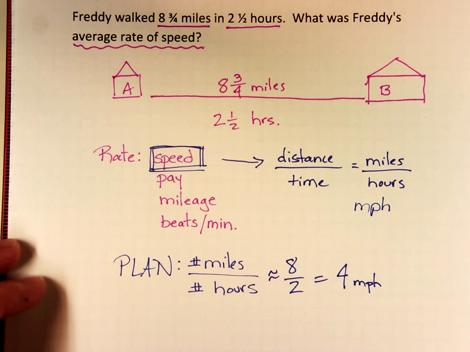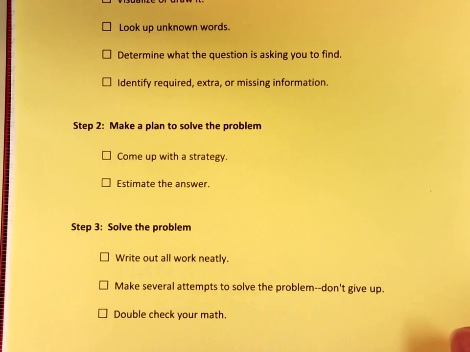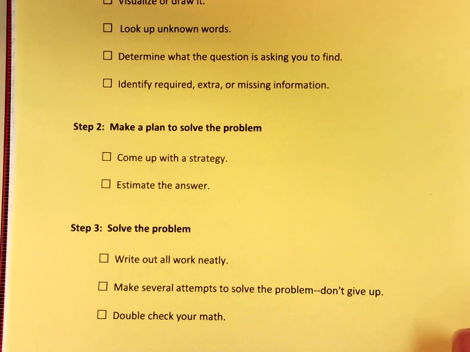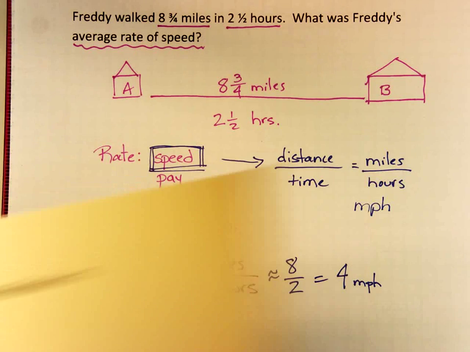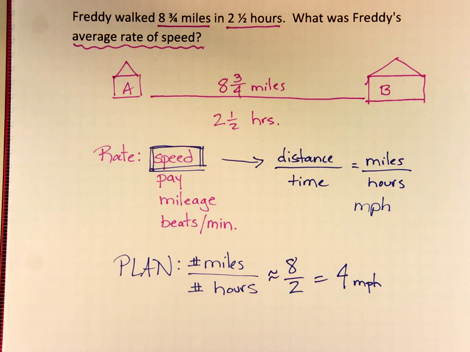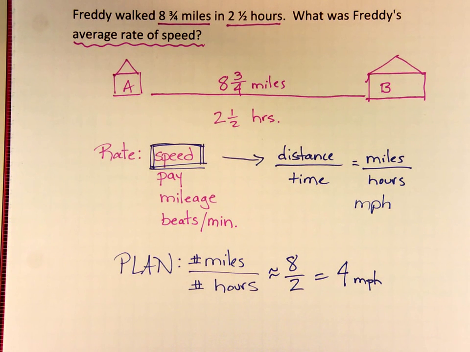Back to our checklist. Step 3, solve the problem. Write out all work neatly, make several attempts to solve the problem, don't give up, and double check your math. Now, this is going to be simple.